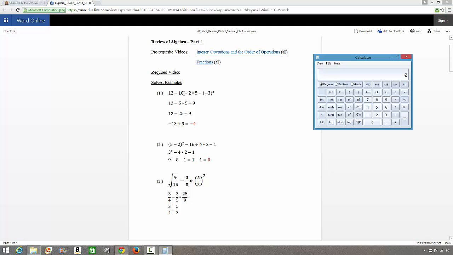The division and multiplication, we do from left to right. So 10 divided by 2 gives you 5. This multiplication still comes here, and the addition still comes. For the exponent, -3 times -3 gives you 9.